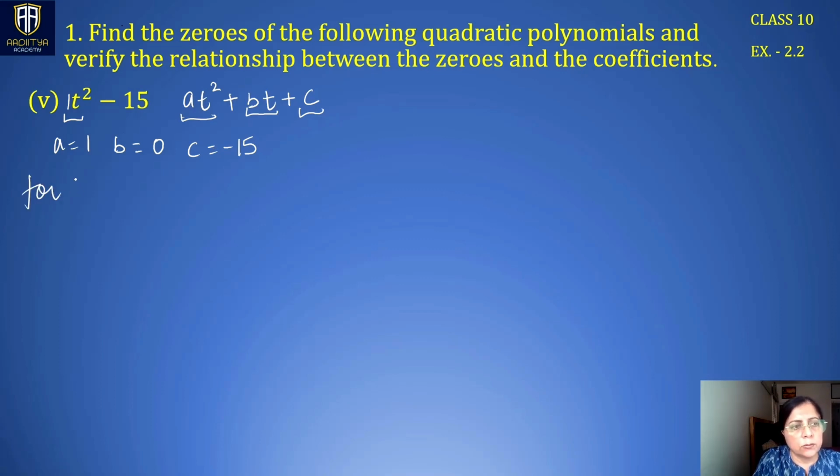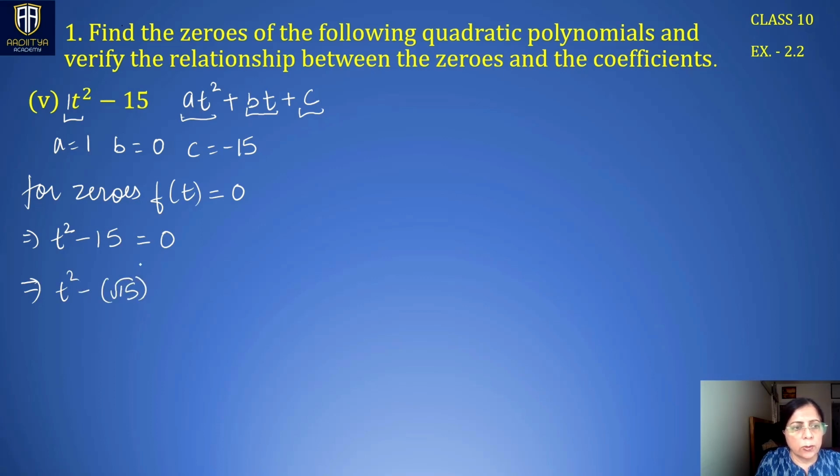Now we come to find zeros. For zeros, f of t has to be equal to 0, which gives us t square minus 15 is equal to 0. We can see that either we can take 15 to that side, or we can also write this as t square minus square root of 15 squared, right? So this becomes a square minus b square type of polynomial. This is quadratic, but it resembles a square minus b square form.